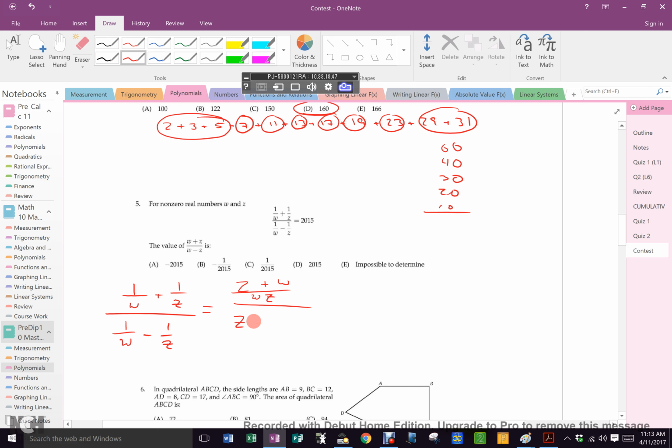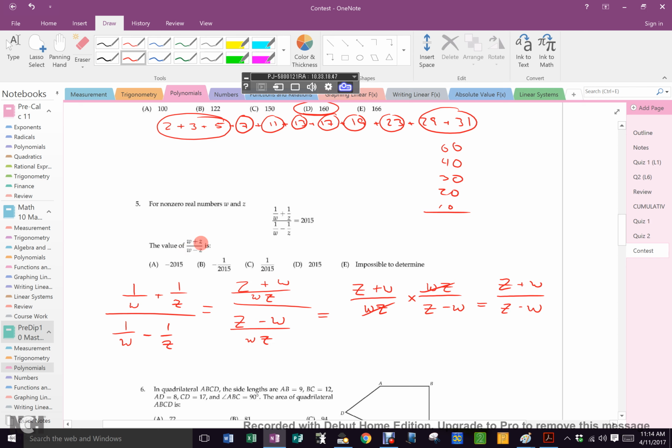And that is Z minus W over WZ, which is then Z plus W over WZ times, you reciprocate that, WZ over Z minus W. Cancel, cancel. So now you have Z plus W over Z minus W.